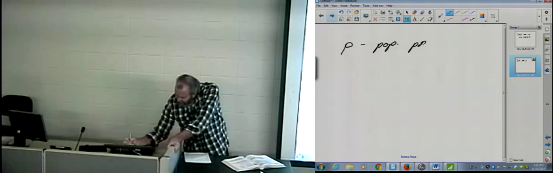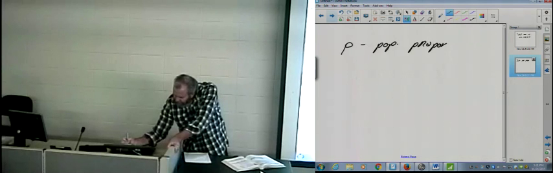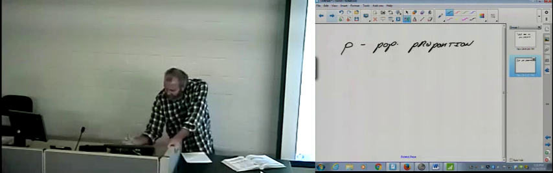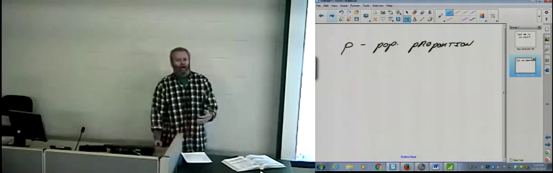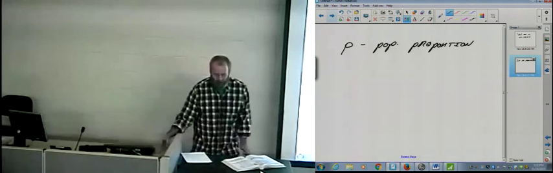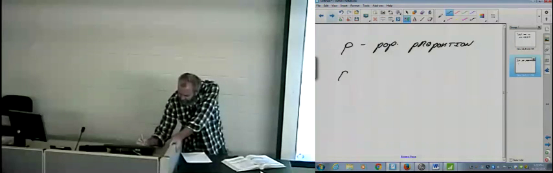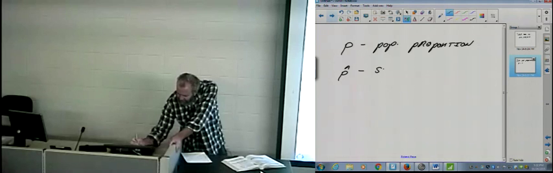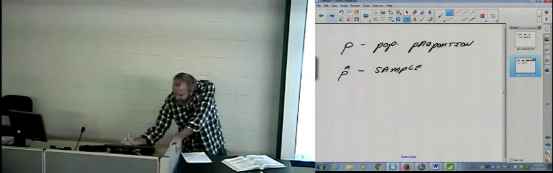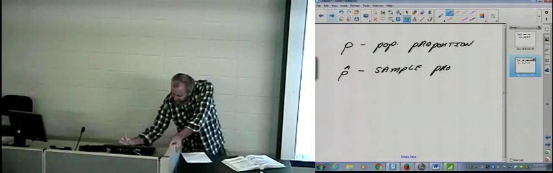We think about this as some proportion of some outcome in the population. Whatever that outcome is, we think about it as being a success. That's your parameter. And then we have this little p hat, which is your sample proportion. It's the proportion of some outcome in your sample, or if you like, it's the proportion of successes in your sample.